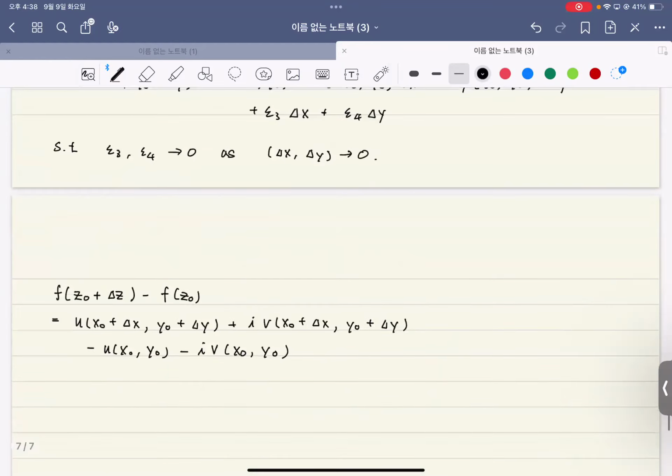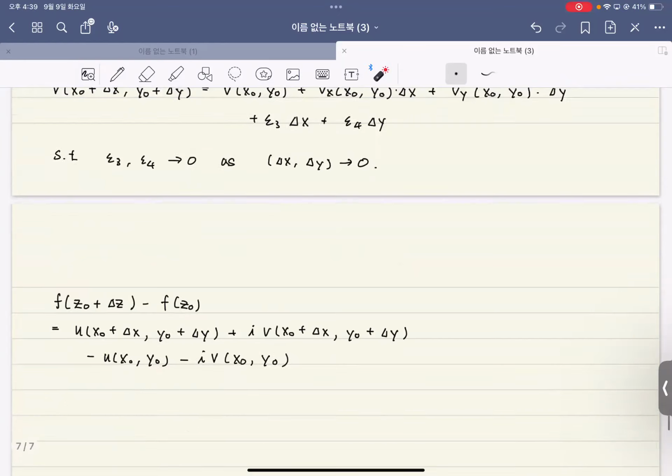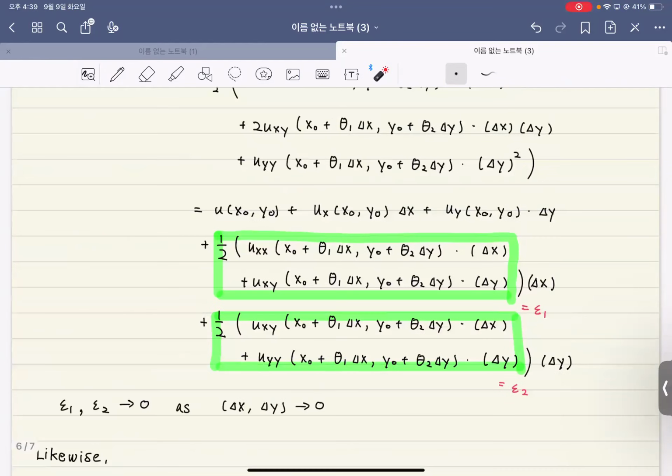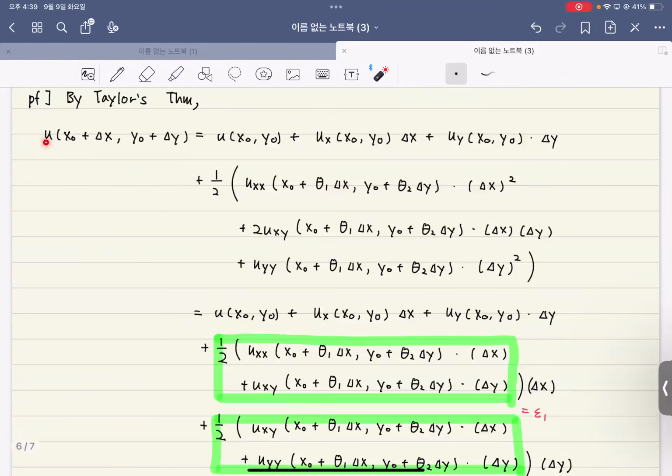Okay, all right. Now I have to be extra careful. So let me go back to the previous expression, which is simply this minus that.